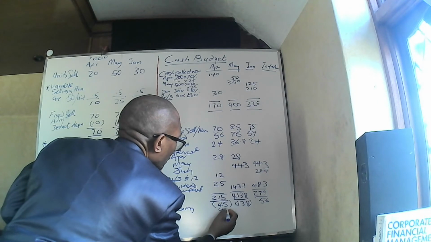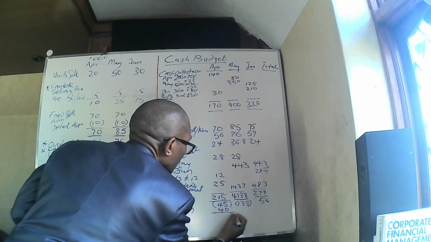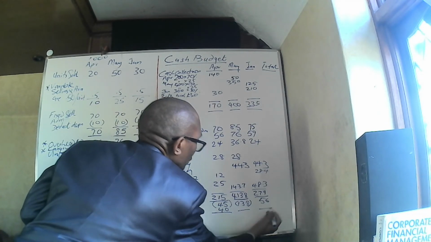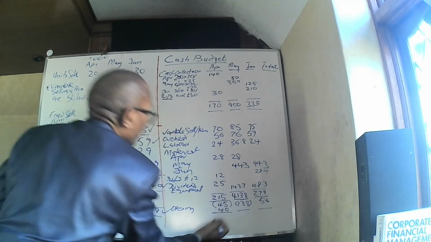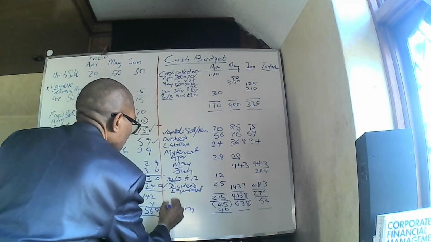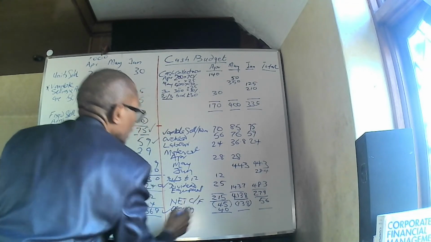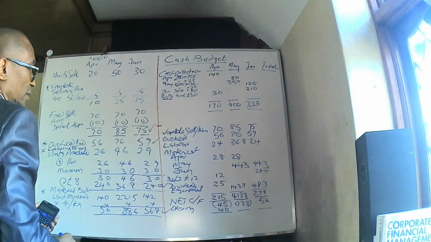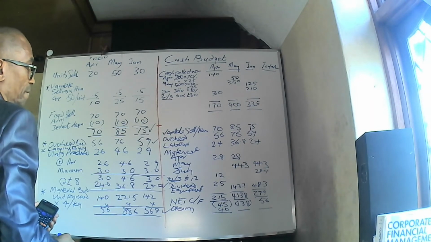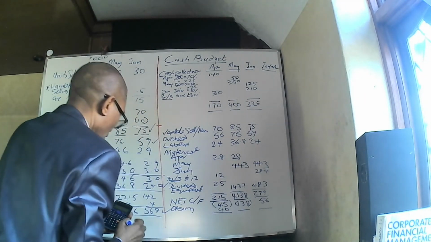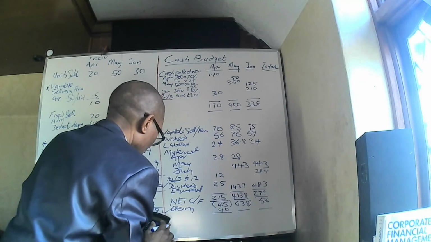So bring in the opening balance. They say it's 40 opening balance. Now we add the opening balance to your net cash flow. This is net cash flow, CF is cash flow. That will give us a closing figure of 5 negative, I think.